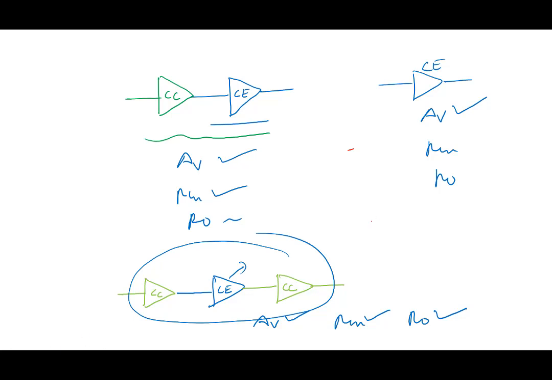Build this as common collector, build this as common collector, and maybe build two common emitter stages, CE1 and CE2, to provide you with a high gain here, and to provide you with input resistance here, and an output resistance here.